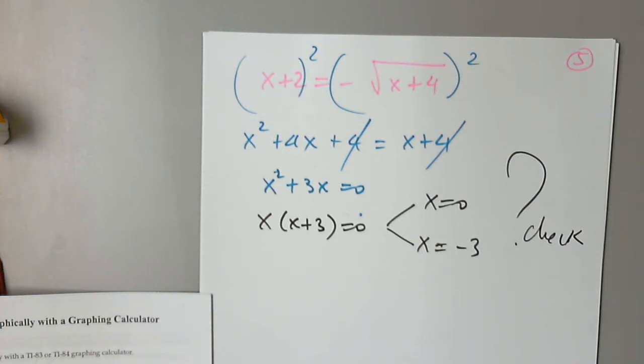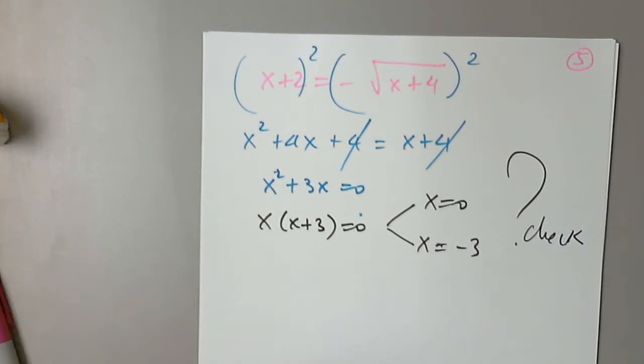So in that case, I will punch in y equals the function itself, which is x cubed plus x minus 1, and I will go to second and calc. And in this case, I will use the feature 0 because I want to find the 0, right? The x-intercept of this function.